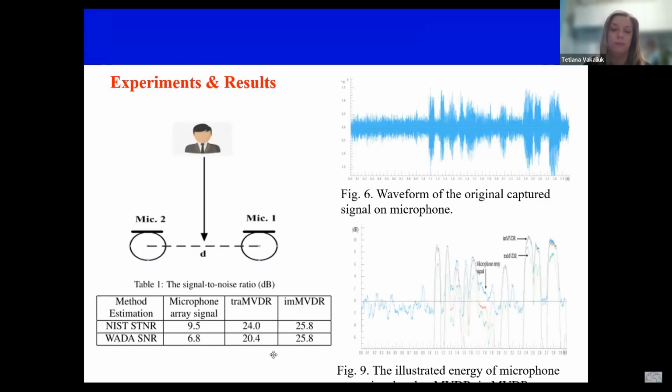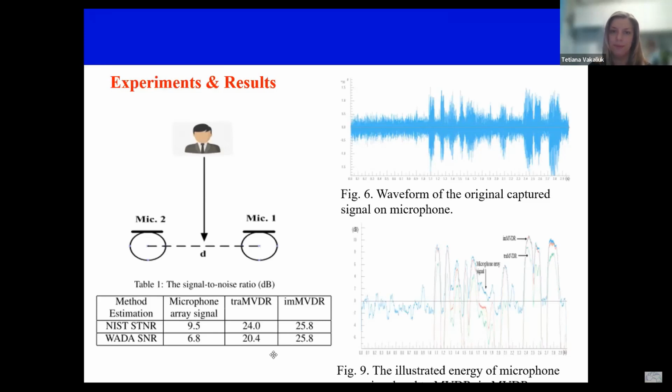The purpose of the experiment is verifying the capability of saving target directional speech in comparison with the conventional MVDR beamformer. The distance between the two microphones is 5 centimeters, and the model of the experiment is illustrated in the figures.